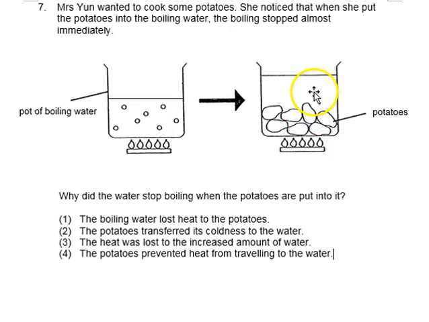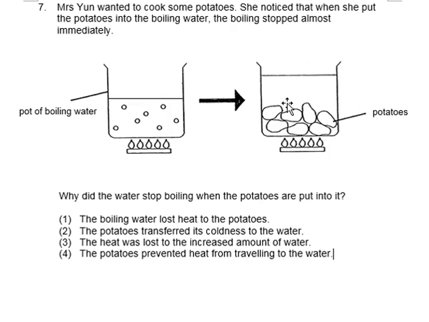So this heat from the water will flow into the cold potatoes until the potato becomes as hot as the water. So when Mrs. Yun put the potatoes into the boiling water, the potato would be gaining heat from the boiling water. That means the boiling water will be losing heat to the potatoes.